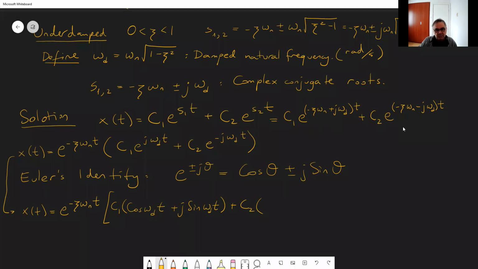Now that would be a minus, so cosine omega d t, now a minus j sine omega d t. Close the bracket.